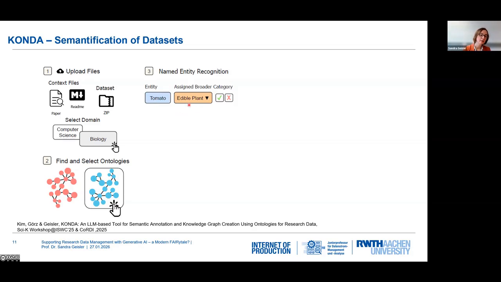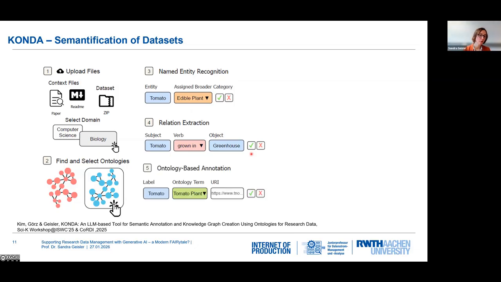And then we assign it also a broader category to make search afterwards in the data set, because in the end, what we are striving at is to show the metadata in a knowledge graph, which helps us then also to search for corresponding data and metadata. Then we do the same looking at relations which we find in the data set. So for example, that a tomato grows in a greenhouse, and extract these relations.